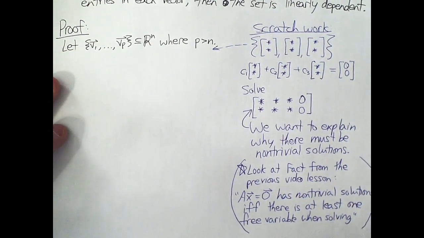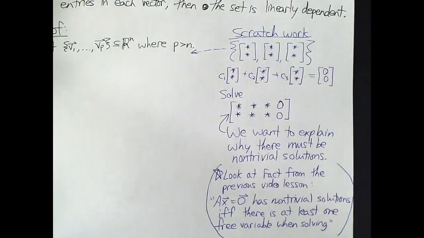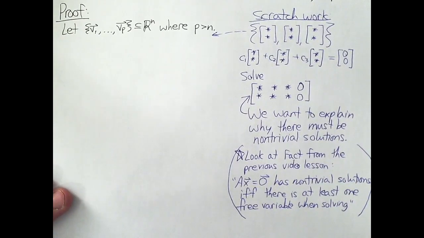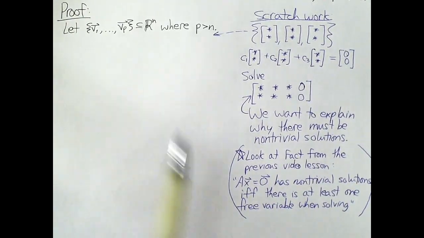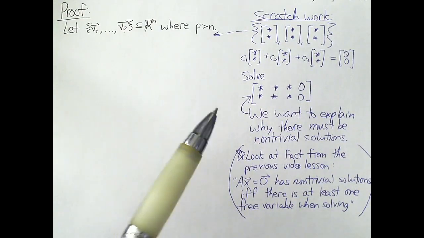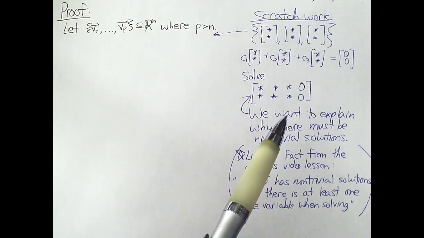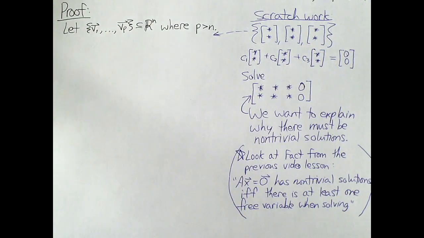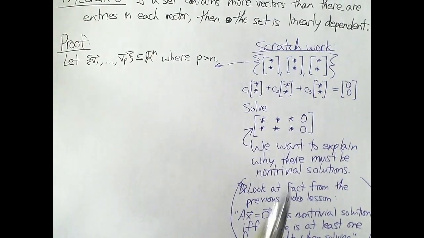We've got all the major pieces of this puzzle to write this proof. I do think that this has to have a free variable. And then because of that, I think there has to be a non-trivial solution. And then because there's a non-trivial solution, the set has to be linearly dependent.